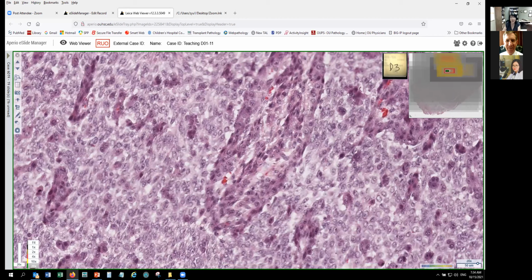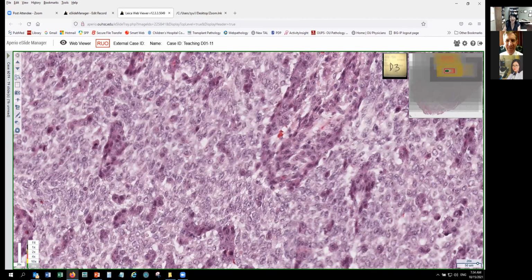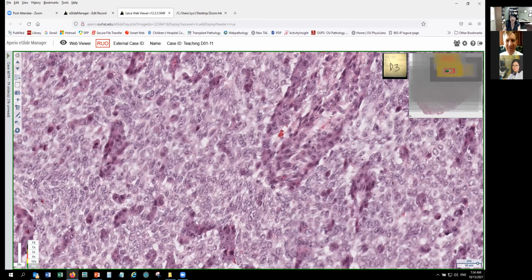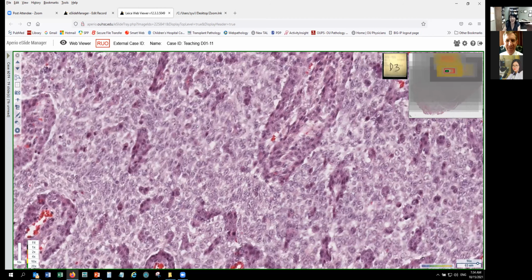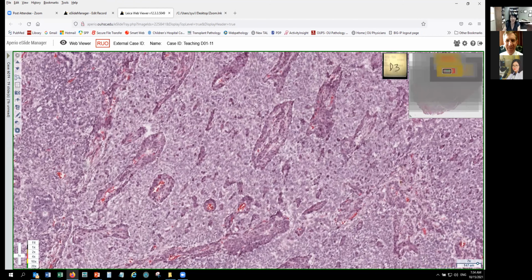If it's a small focus, the significance is usually unknown, but if it's a large amount, especially more than 75% of the tumor, it usually has worse prognosis. And for those undifferentiated small cells, we want to do INI1 to rule out the possibility of rhabdoid tumor.